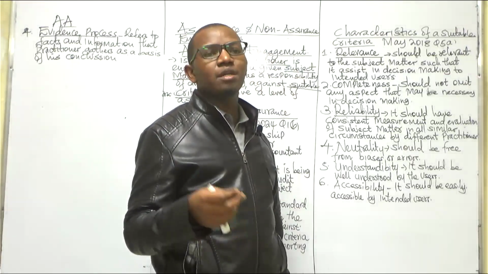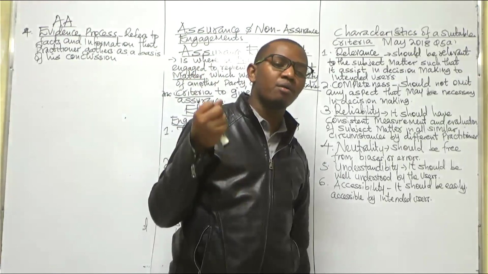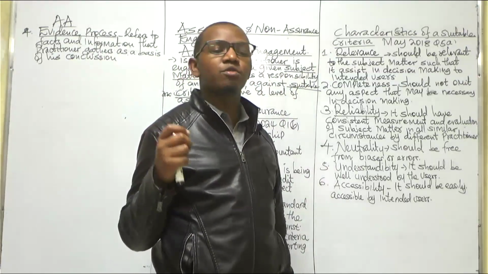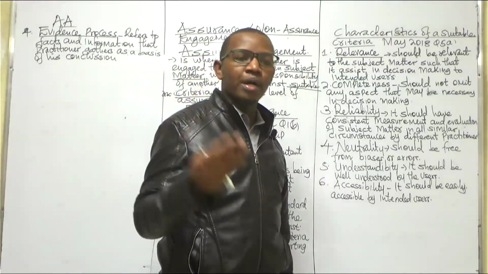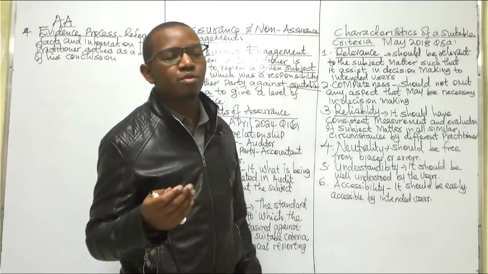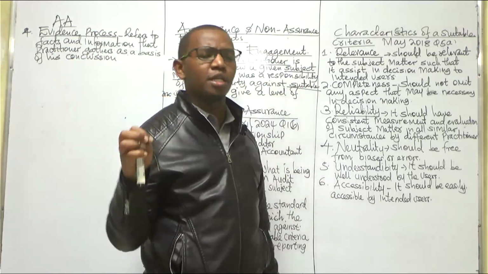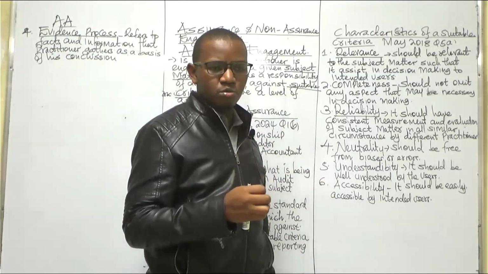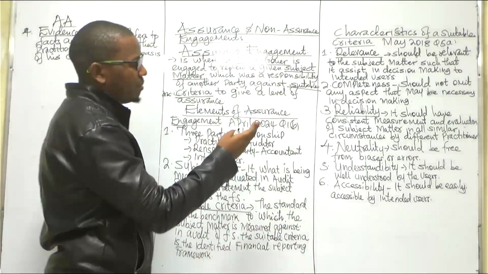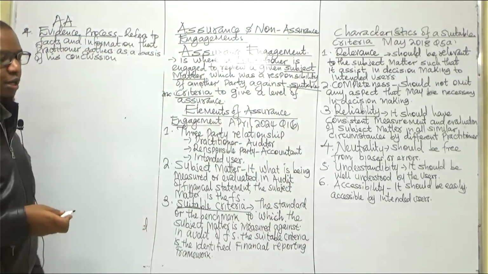When I talk of sufficient, we are talking about the quantity, what the auditor considers to be enough. When I talk about the appropriate, we are talking about the reliability, from which source? And that is what we'll be talking about in audit evidence.